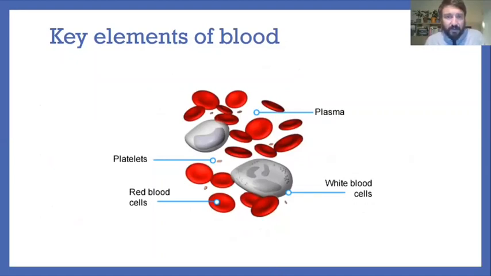Plasma, which I've already shown you, is my orange juice. We've got platelets, which are my little chocolate shavings. We've got the red blood cells, which are these red Smarties, and we've got the white chocolate drops there, which are going to represent the white blood cells.